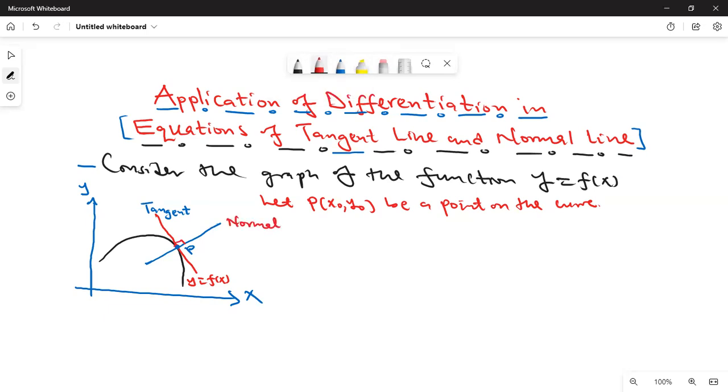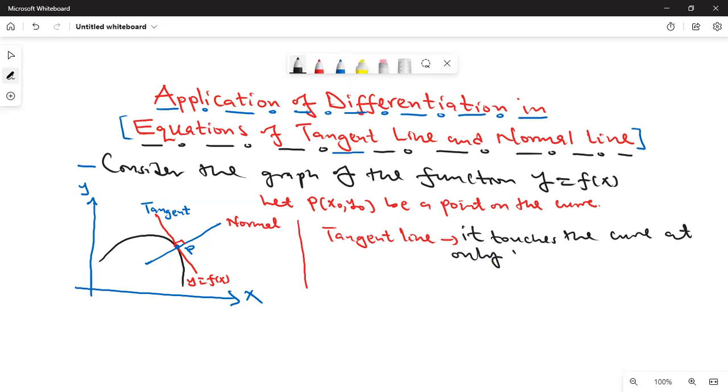So then what do you understand by a tangent line? We can define it that when we talk of a tangent line, a tangent line touches the curve at only one point.